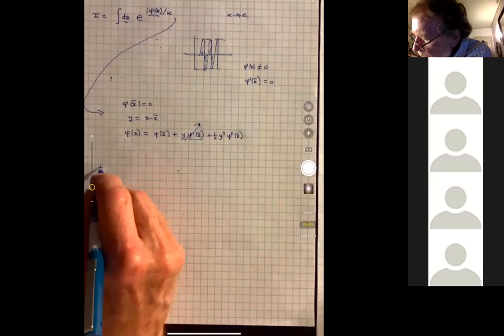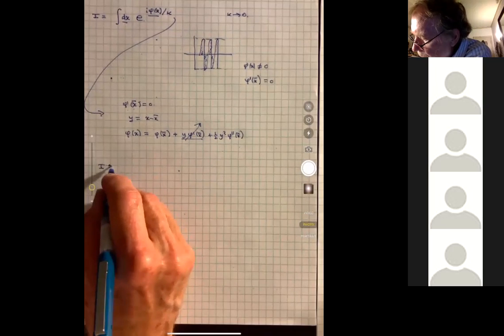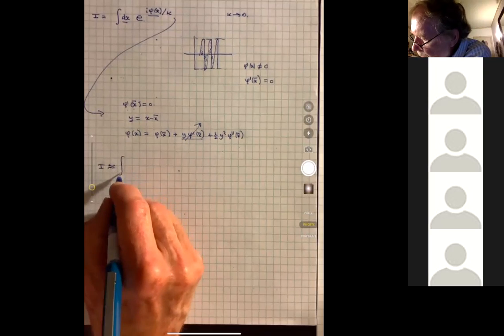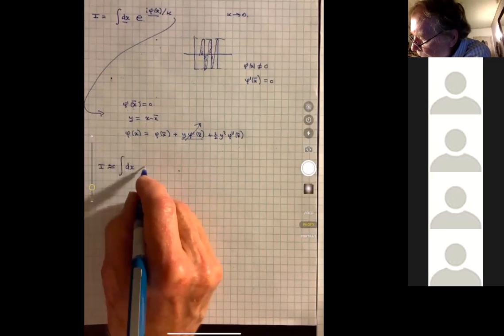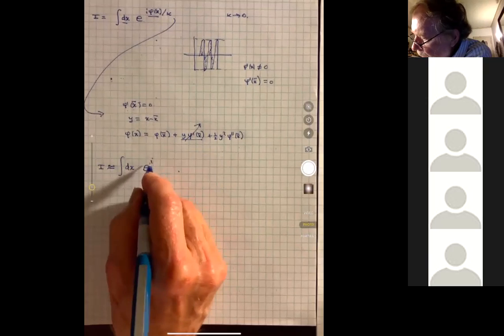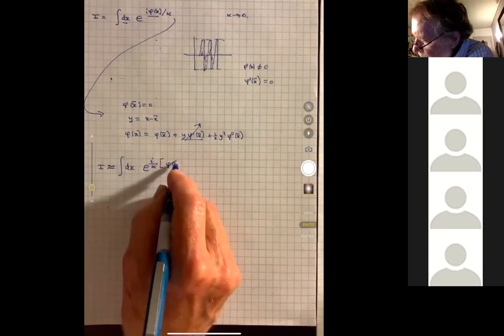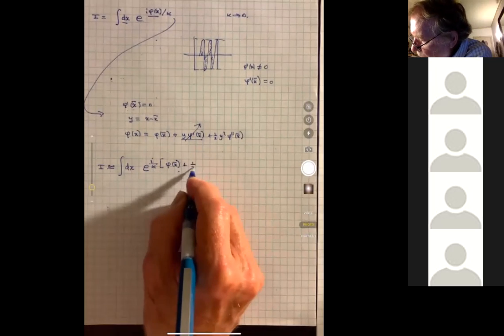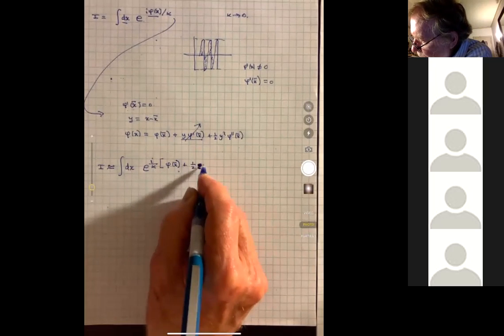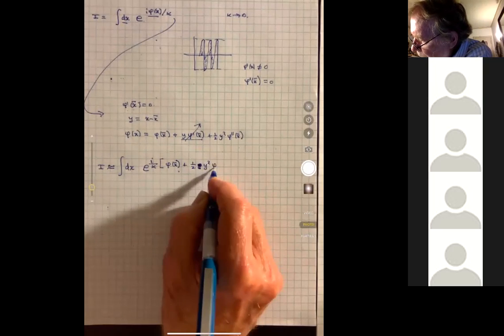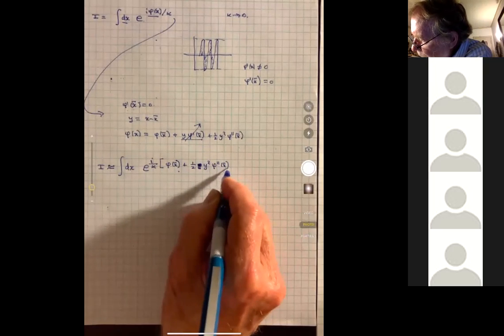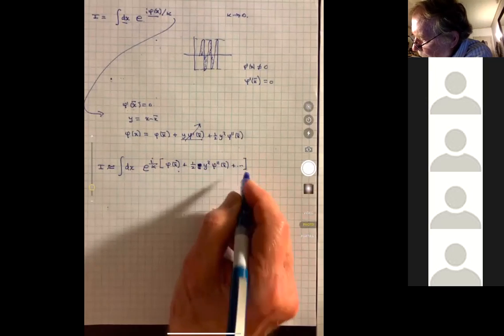So this integral I is then approximated by writing the integral dx of e to the i over kappa multiplied by phi of x bar plus 1/2 y squared phi double prime of x bar, plus higher order terms, which I'll neglect.